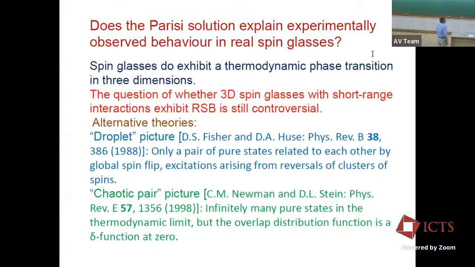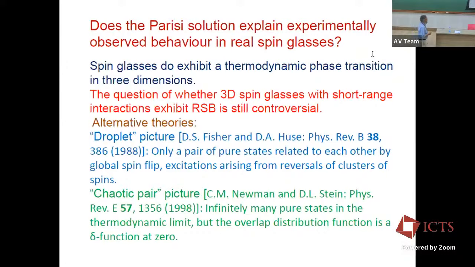The remainder of today, which is the last one, I have 1 more hour or something like that. I will spend giving you some information about to what extent the behavior that I have just been describing is actually satisfied in real 3-dimensional systems, such as copper manganese or europium strontium sulfide, etc. There are many such spin glasses that people study in experiments.